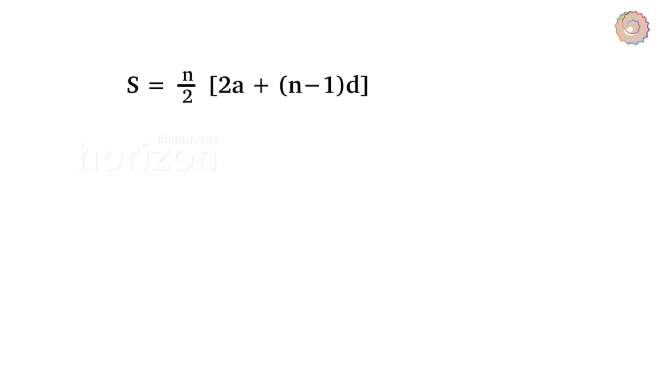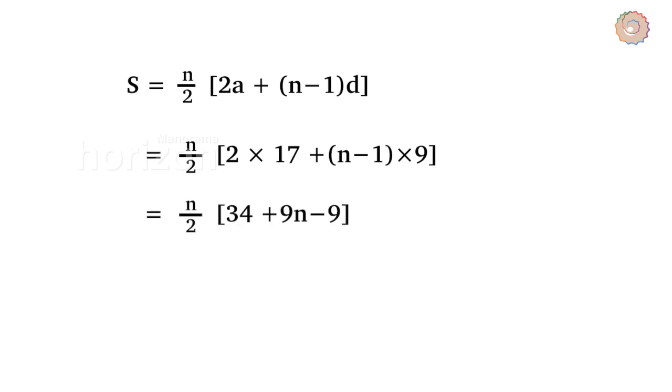Substitute the values of a and d. n by 2 into 2 into 17 plus n minus 1 into 9. Now, opening the bracket, we get n by 2 into 34 plus 9n minus 9, which is equal to n by 2 into 25 plus 9n. Mark it as equation number 2.